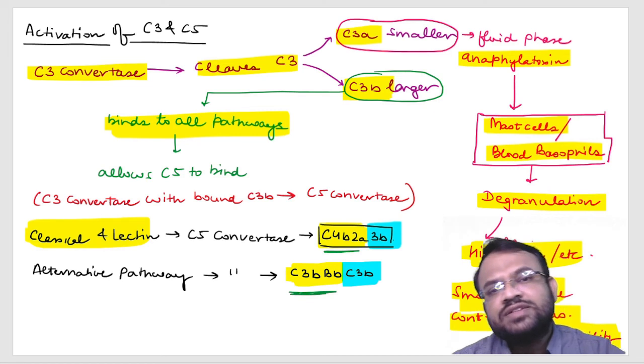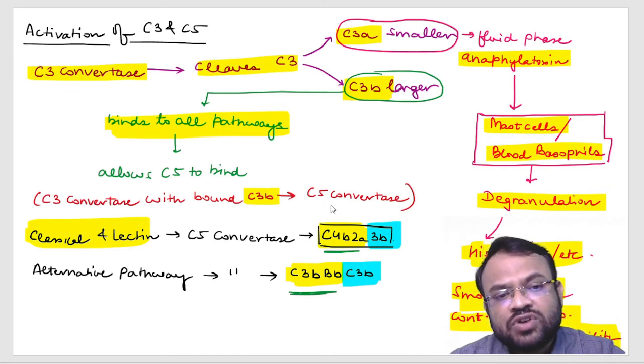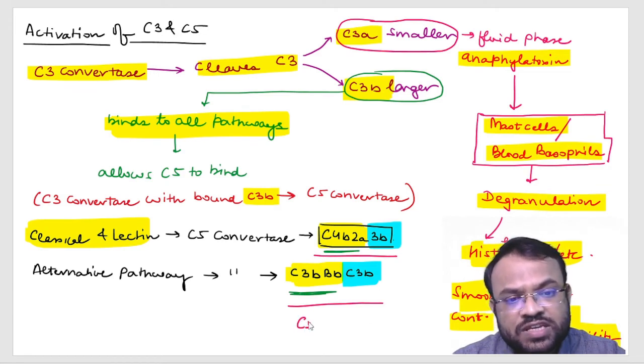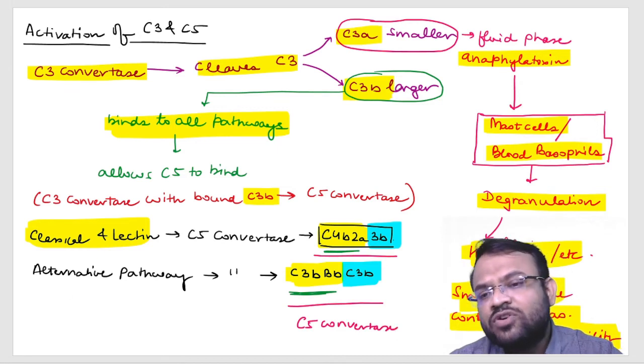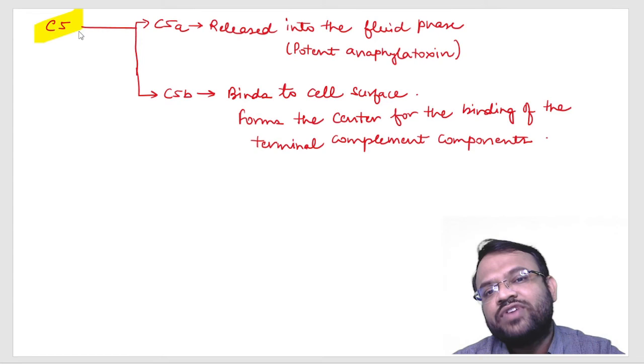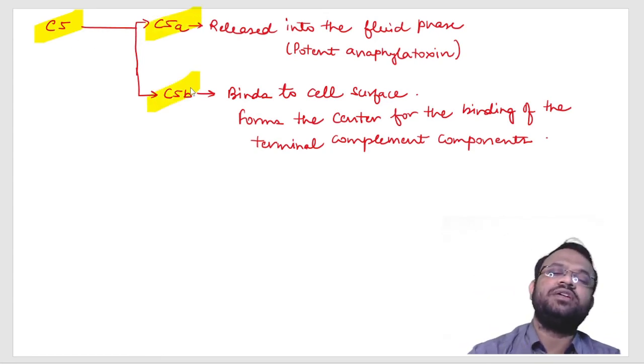Now understand this: after binding of C3b, what will happen? This complete complex, over here or over here, will be called C5 convertase. Why is it called C5 convertase? Because now it will act on C5 to break it into C5a and C5b.